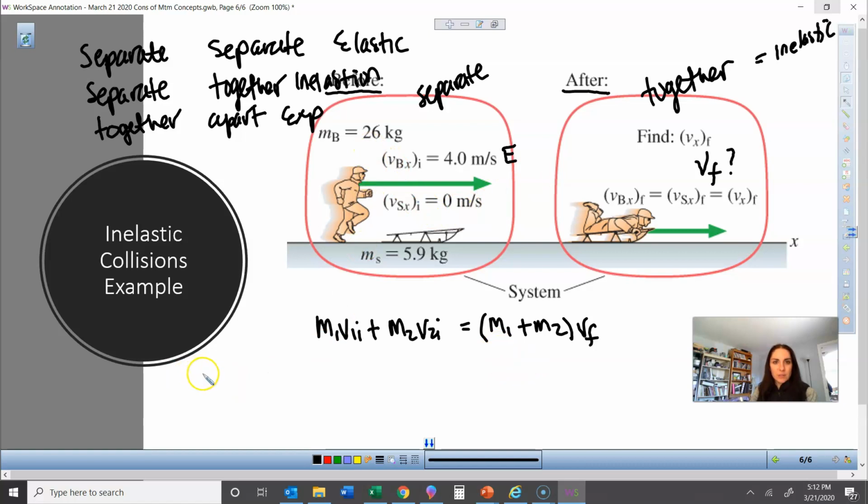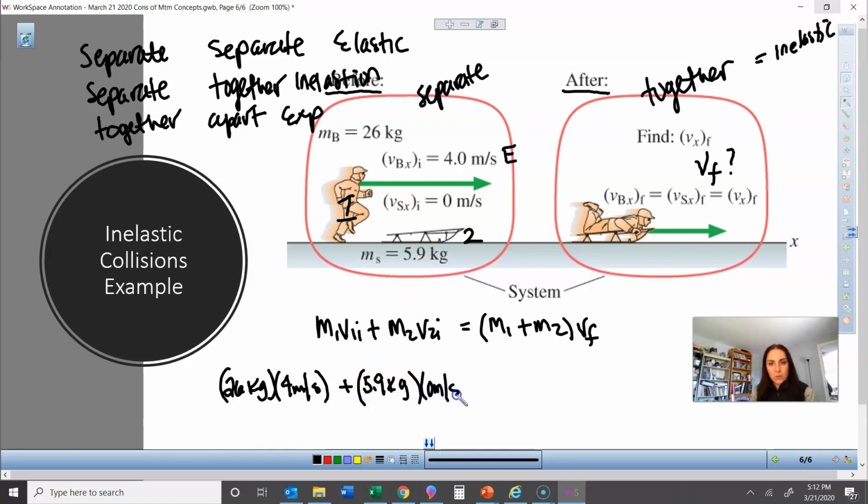So I'm going to go ahead and do it. I'm going to call this one mass 1 and this mass 2 for no particular reason other than this is first. So 26 kilograms times 4 meters per second east plus the sled, which is 5.9 kilograms, times 0.